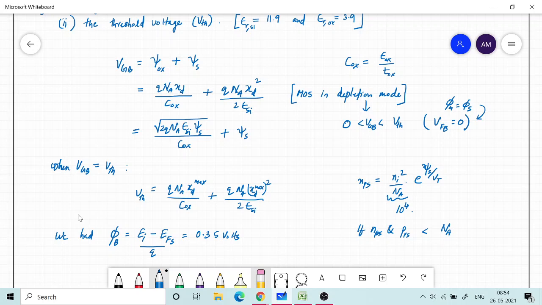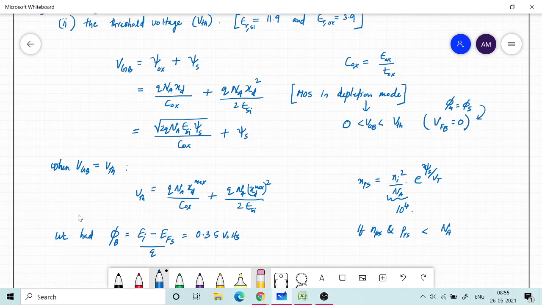That is what we were trying to show in the last part of the problem, and we looked at two cases which are supposed to be in the depletion mode of operation. 100 and 200 millivolt correspond to the case where these are satisfied, because you see that phi b is 0.35, and those are voltages which are smaller.